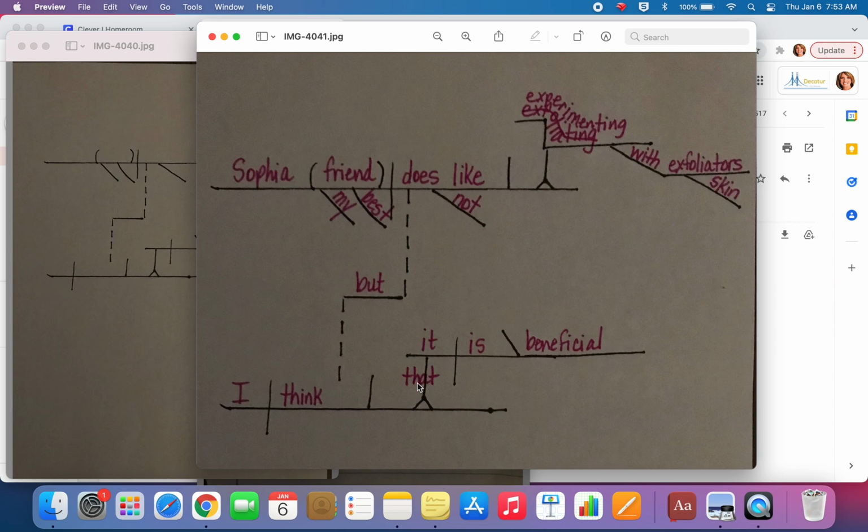Notice that we have it is beneficial up on stilts here. It is your subject here. Is your verb here. And then beneficial is a predicate adjective. And I know that because I slanted my line back towards it. Okay, because beneficial describes it.